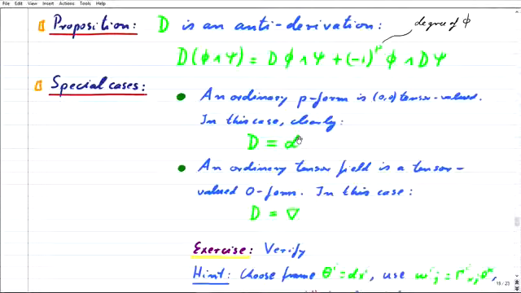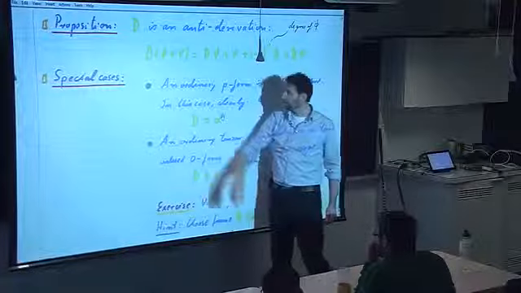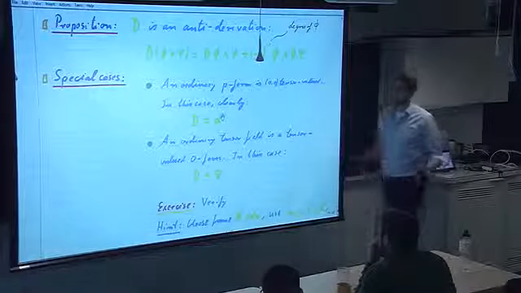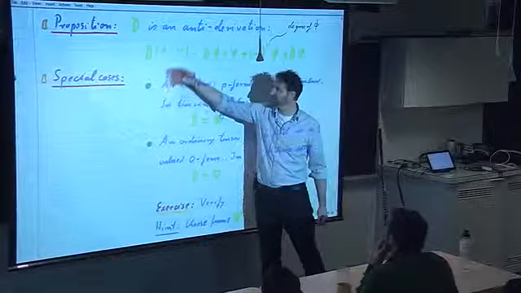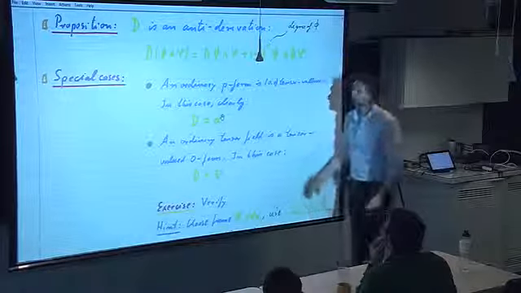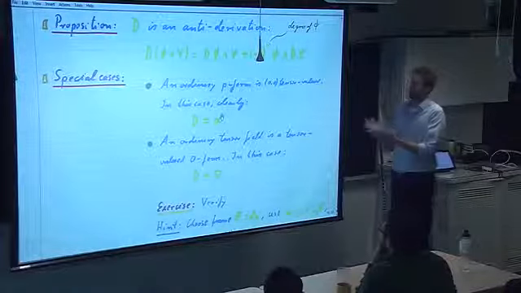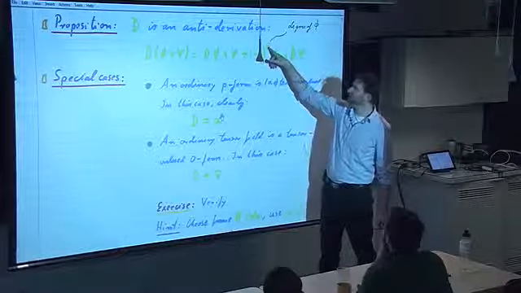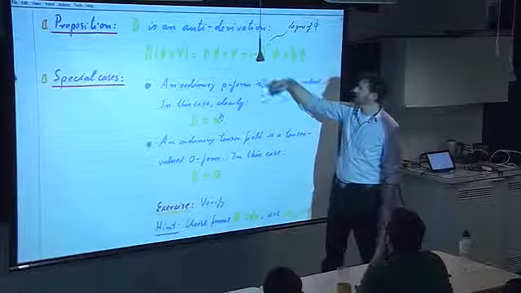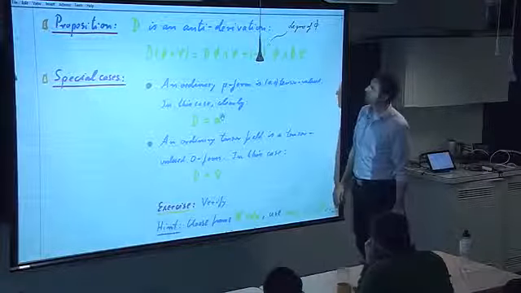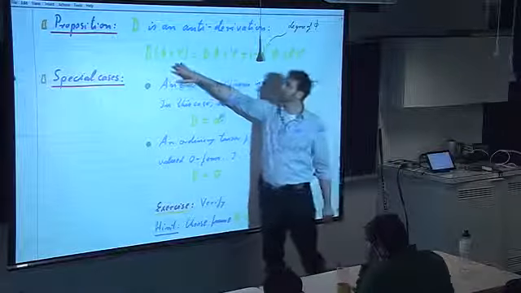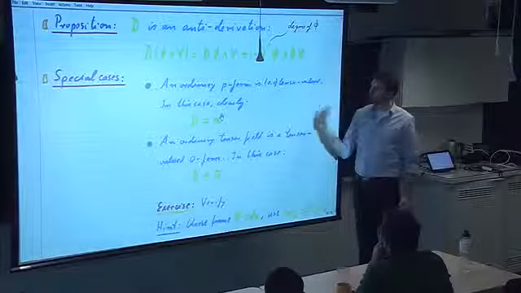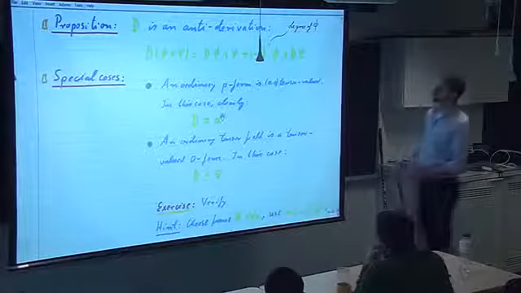If the phi and psi in question are not actually non-trivial differential forms, if they're just zero forms, if they're just ordinary tensors, then this is just the ordinary product of tensors because the wedge product is just the ordinary product. And then there's also no minus sign because if P is 0 for zero forms, then minus 1 to the power 0 is 1. So it's an ordinary derivation for ordinary tensors. But for tensor value differential forms, in general, it's an anti-derivation.